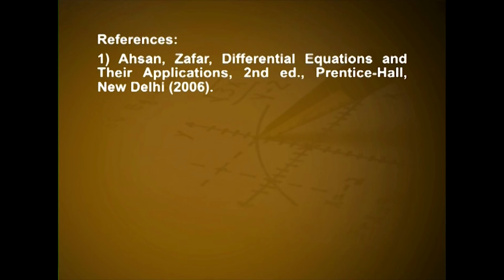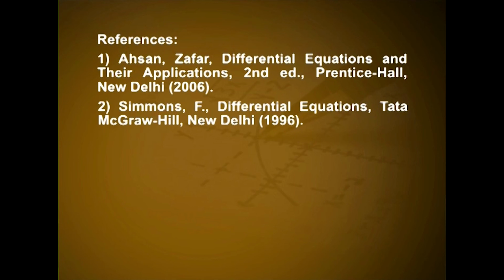Now, you can refer to the following books: Differential Equations and Their Applications, second edition by Zafar Ahsan, Prentice Hall Publishers, New Delhi, 2006. Differential Equations by George F. Simmons, Tata McGraw-Hill Publishers, New Delhi, 1996.